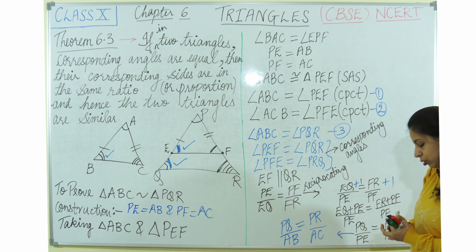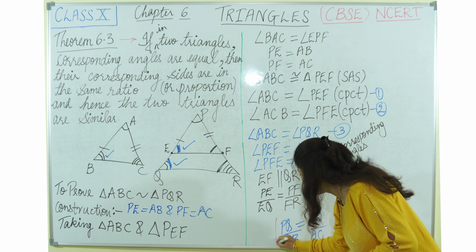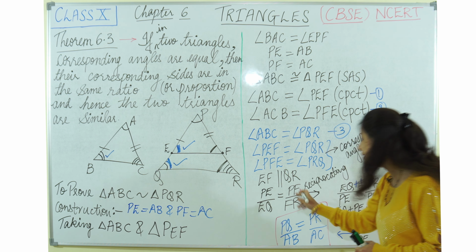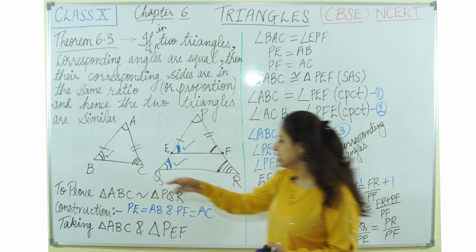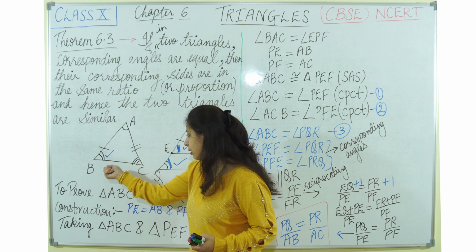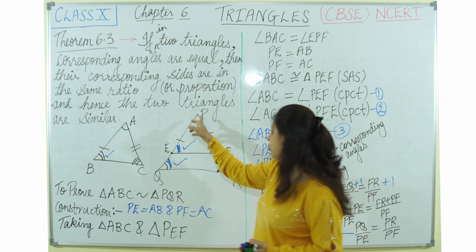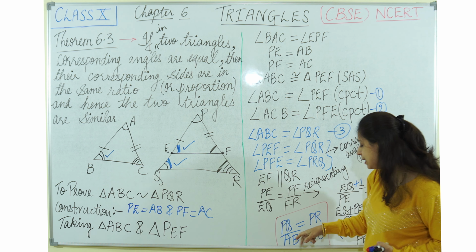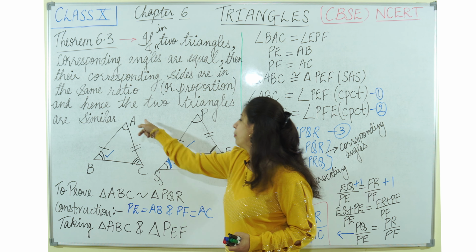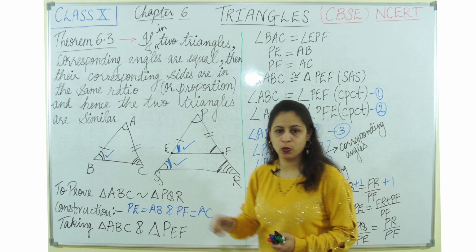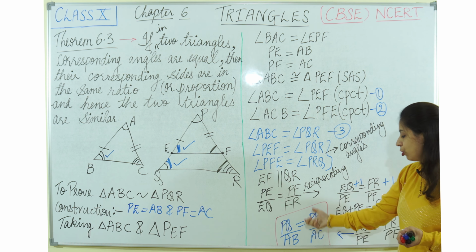So we can easily see from here that my corresponding sides' ratio is also equal, given that my angle ABC was equal to angle PQR. So I can easily see PQ upon AB is equal to PR upon AC. We have done this for two sides.